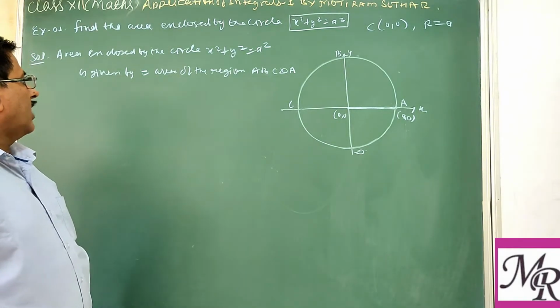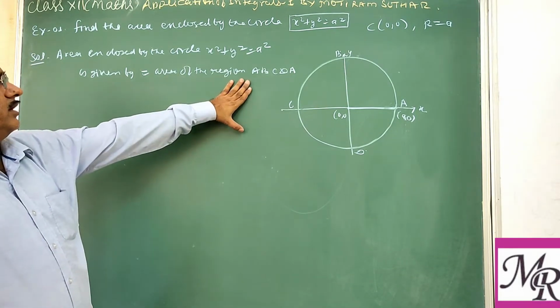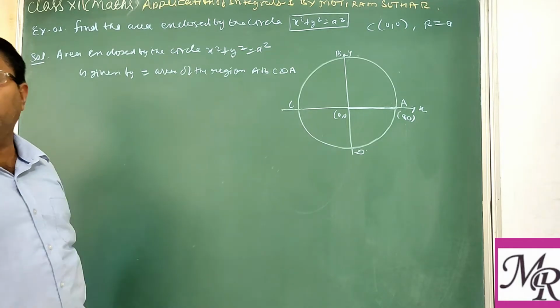So here we have to find the area of the region A, B, C, D, A.